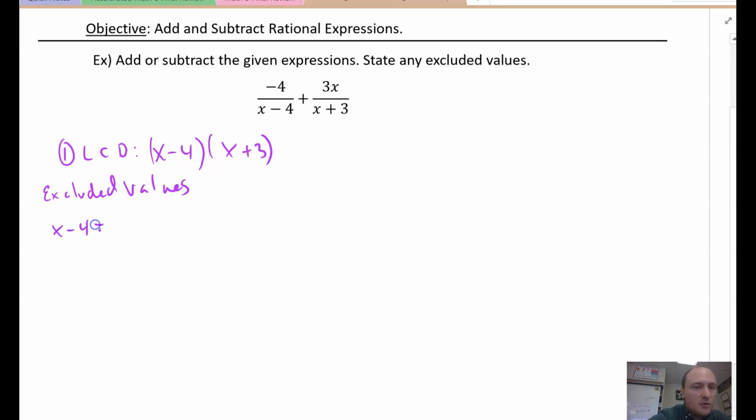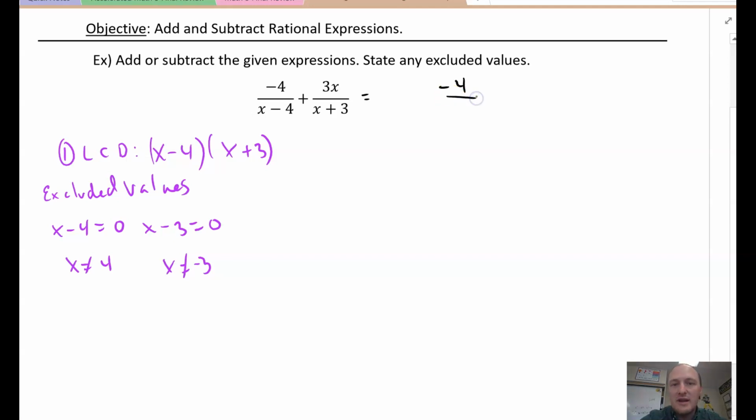So from this, we know that our excluded values are x minus 4 equals 0, x plus 3 equals 0, and I solve. x cannot be 4, x cannot be -3. Okay, so there's the LCD, there's the excluded values, and now we have to introduce these factors.